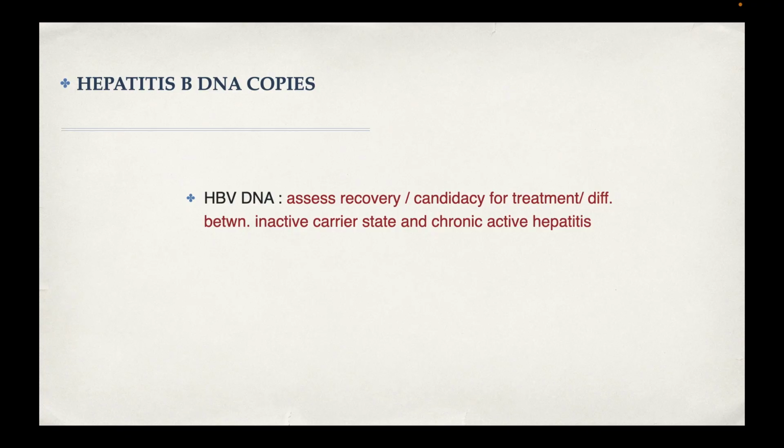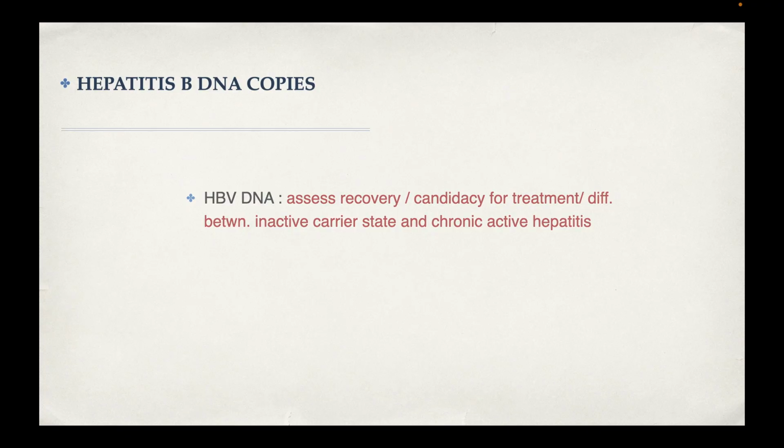Because if the person is recovering, the viral load will reduce. Also, it tells us whether the patient is a candidate for the initiation of antiviral therapy. The hepatitis B viral DNA also gives us information to differentiate between the inactive carrier state as well as the chronic active infectious state. And so once we have this information, we are able to determine when to start treatment.